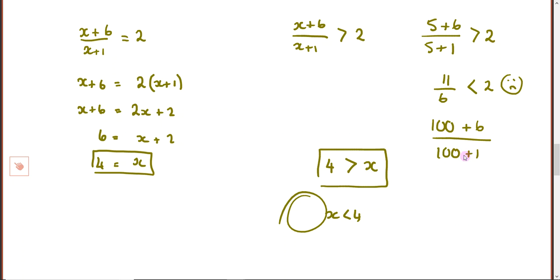The difference is the 6 divided by 1. For this to equal 2, it would have to be 106 divided by 53, and it's never going to be that, ever.